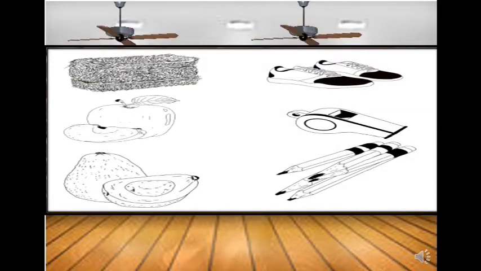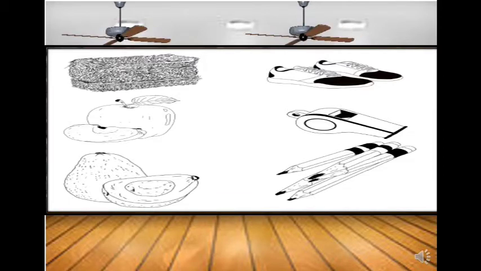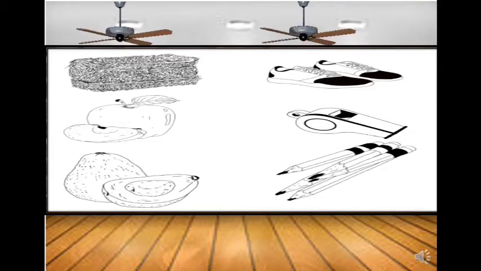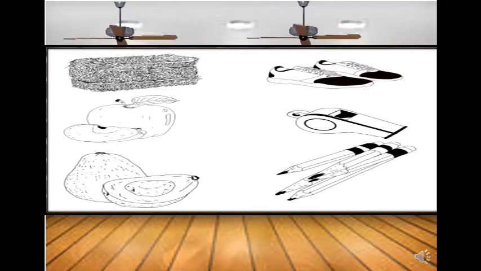So, yun yung cloth, apple, may avocado, may shoes, may whistle or pito, and pencil. So, alin sa kanila, which of these materials will absorb water, will undergo decay, will sink, or will float?